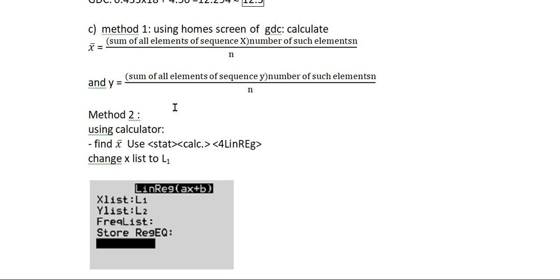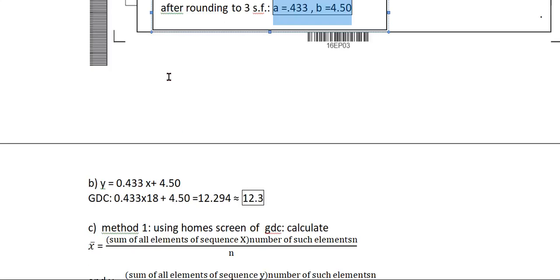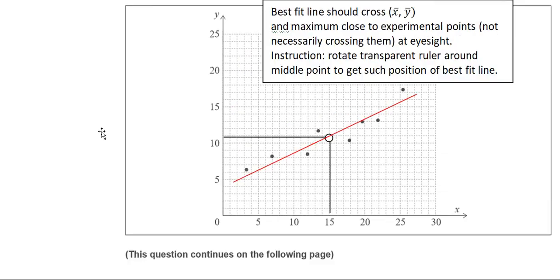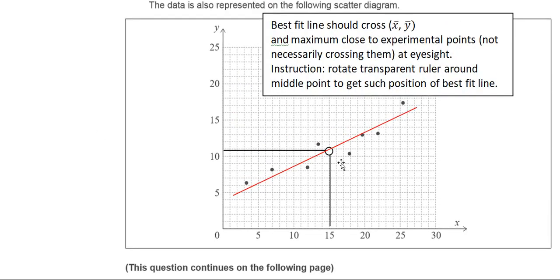Draw the line of best fit on the scatter diagram. So we return to our scatter diagram, and the best fit line here is red. I draw this line through the mean values of x and y.